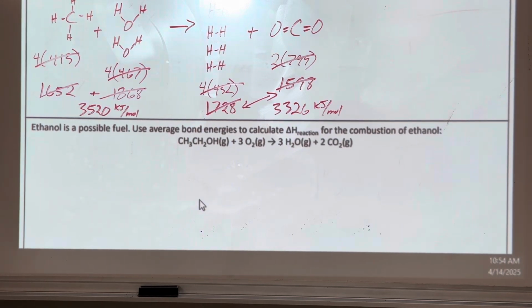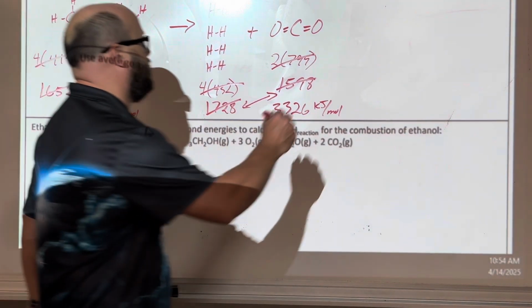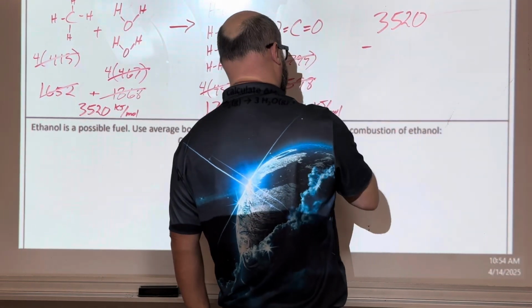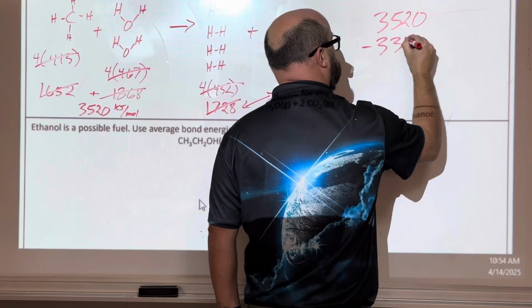And then the bonds formed in the products are subtracted from our bonds in the reactants. So 3520 subtracts 3326.